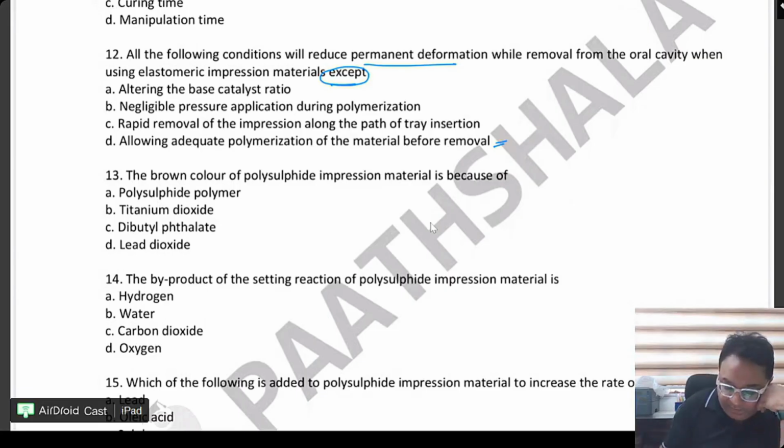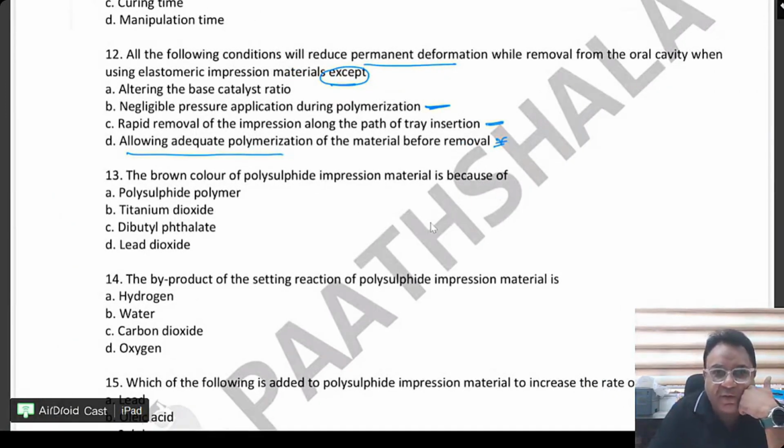Rapid removal of the impression along the path of insertion will reduce it. Negligible pressure application during polymerization will also not lead to permanent deformation, but altering the base catalyst ratio might affect it.